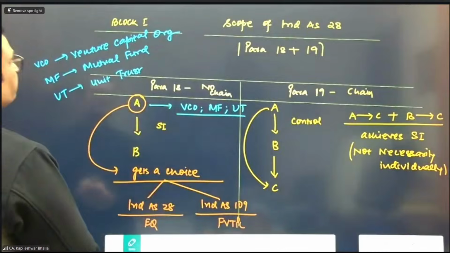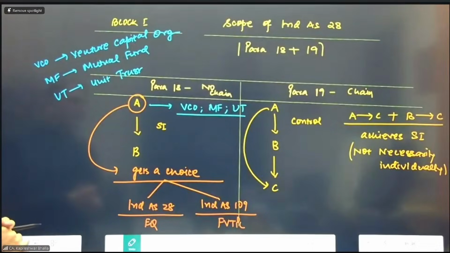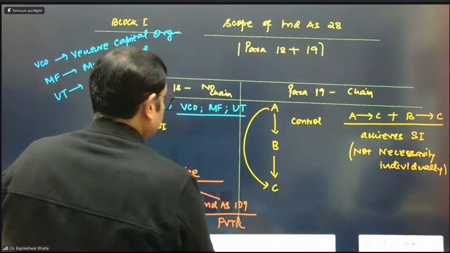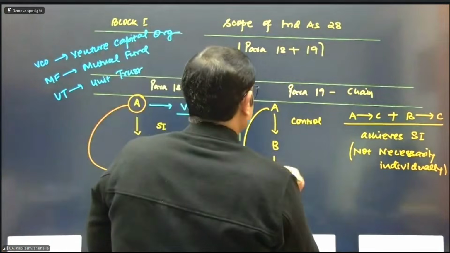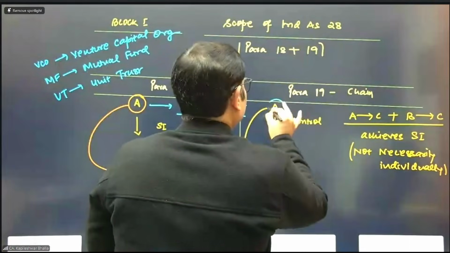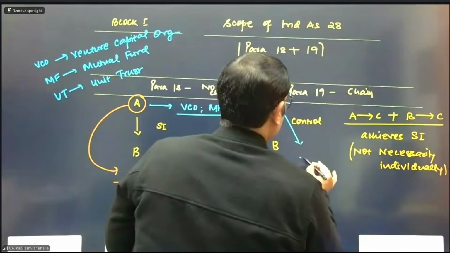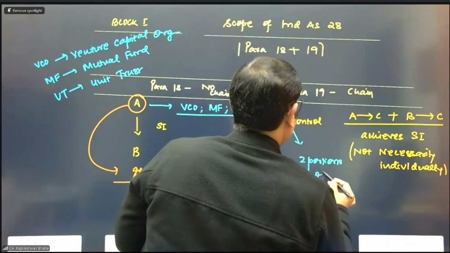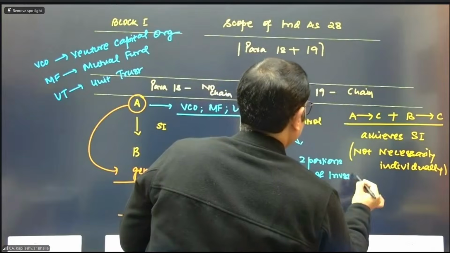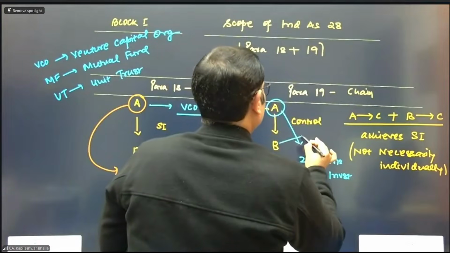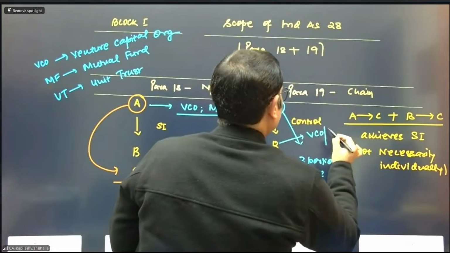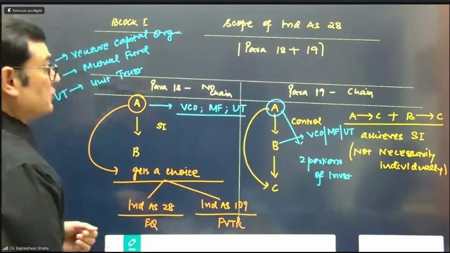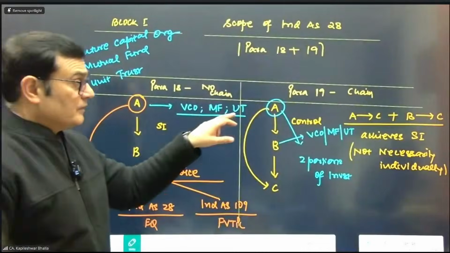Okay, now come to the case of para number 19. As far as A is concerned, there are two portions of the investment. In this case, B is the venture capital organization or the mutual fund or the unit trust, so B, the subsidiary, is there.